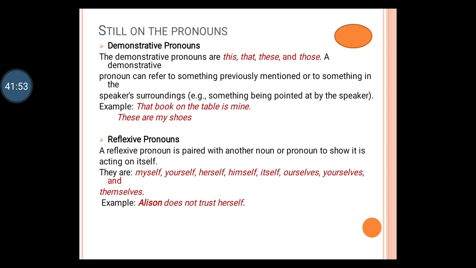Then we have demonstrative pronouns. The demonstrative pronouns are this, that, these, and those. They are used to demonstrate. A demonstrative pronoun can refer to something previously mentioned or to something in the speaker's surrounding. For instance, this is singular, these plural.